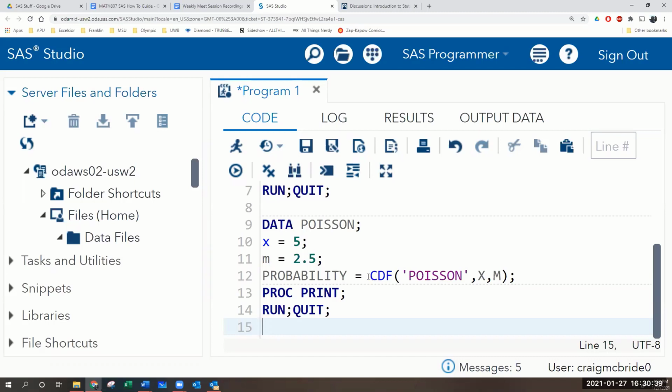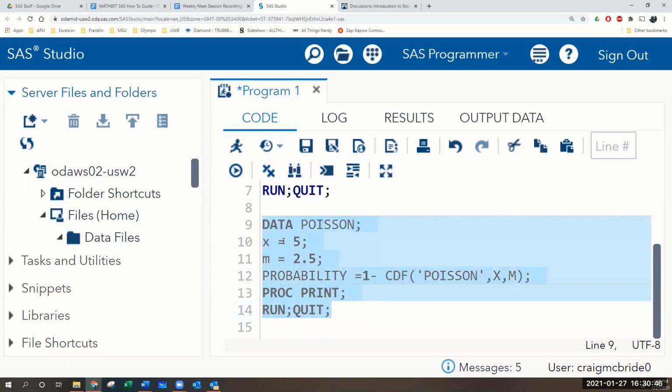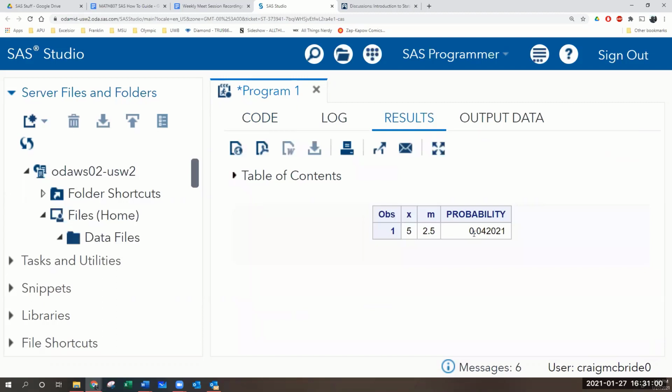So if we do a CDF of 5 and do 1 minus it, that gives us the actual answer, because the CDF of 5 gives us 0 through 5, and when we subtract that away we get everything bigger than 5. We run that and get really close to the other one: the other was 0.0419, and this is 0.0420. So they're darn near identical. It's a really good approximation.